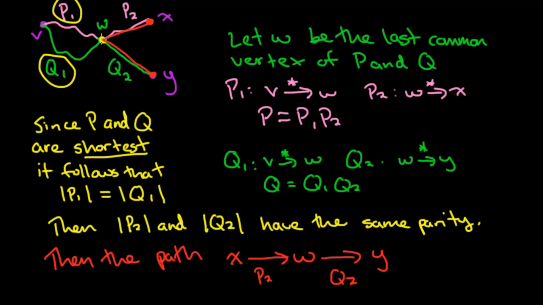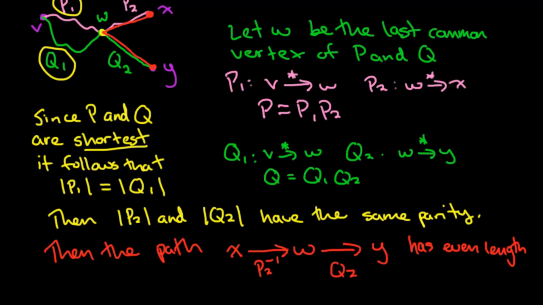And actually we're not really using P2 in this direction, we're using it in the reverse direction. So when we reverse direction, we usually write an inverse like that to mean that we're traveling the path the other way. So this red path here has even length. Go through this carefully and make sure that it's fully understandable. You have to be able to see that this red path here must have even length.